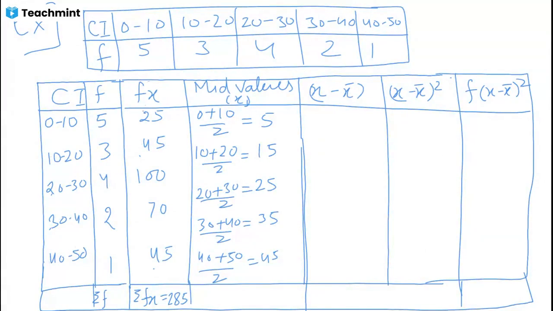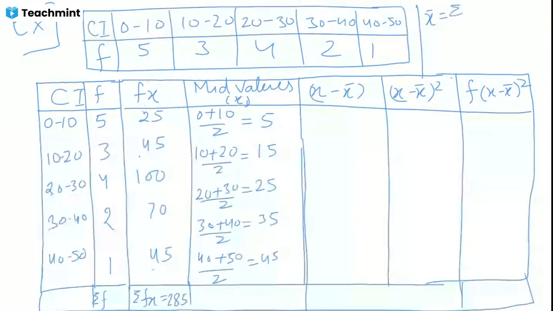First of all, we need to find x bar, the mean, that is summation f x over summation f. So this is 285 divided by 15. Yeah, 15. So x bar we have 19.